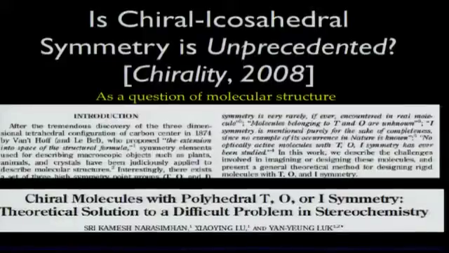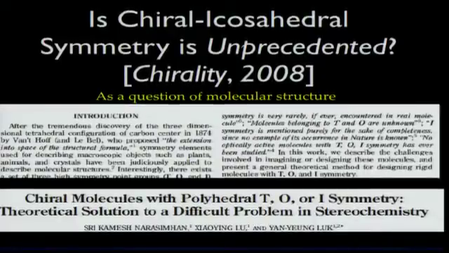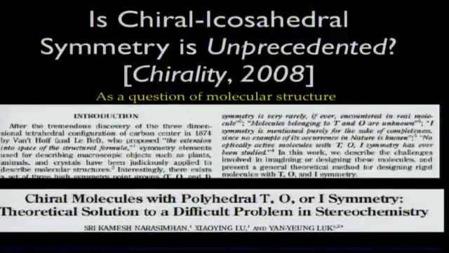So we can ask the question, if it exists on the 20 nanometer scale, viruses, virions, does it exist in molecular structure? And the conventional answer is no, that the groups T, O, and I have never been found. Of course, chemists' molecular structure has higher standards of evidence. They want to see where all the atoms are.